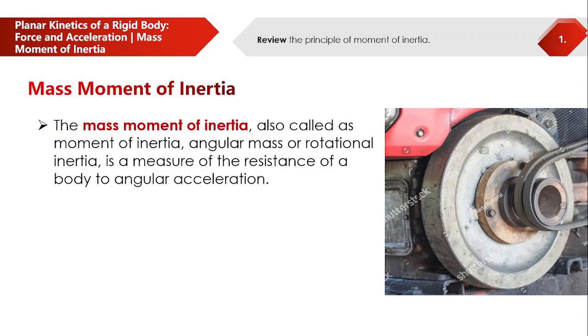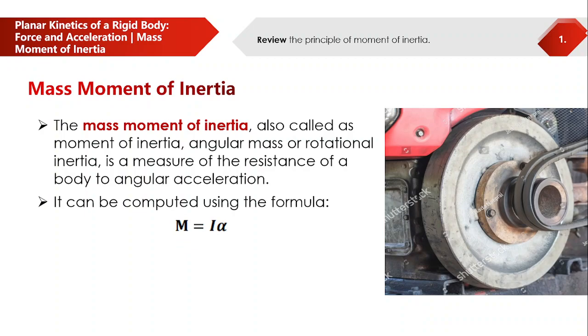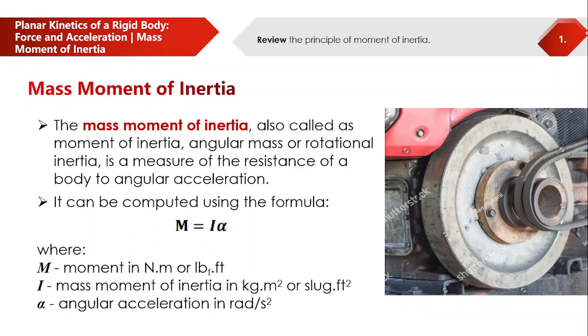It can be computed using this formula: moment is equal to the moment of inertia times the angular acceleration, where M is your moment, I is the mass moment of inertia in kilograms meter squared or slug feet squared, and alpha is your angular acceleration in rad per second squared.